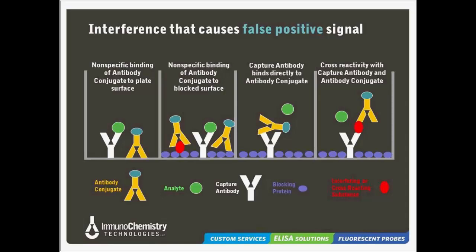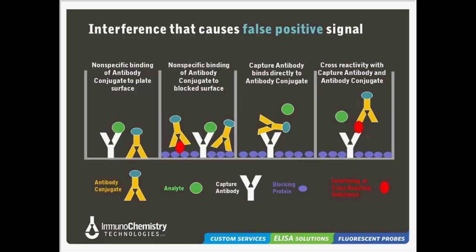Just because you block something with a blocker does not mean that things aren't going to stick to it. It's less likely than sticking to that sticky polystyrene plate, but that's the tricky part of ELISA, especially sandwich ELISA assay development: what kind of a blocker can I use that's like Teflon and basically nothing wants to stick to it. In this case, you're getting a false positive signal from the material stuck to the plate.